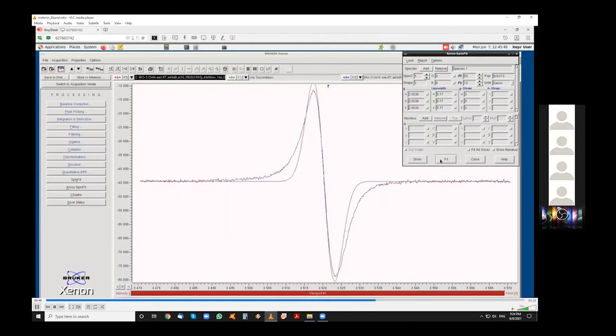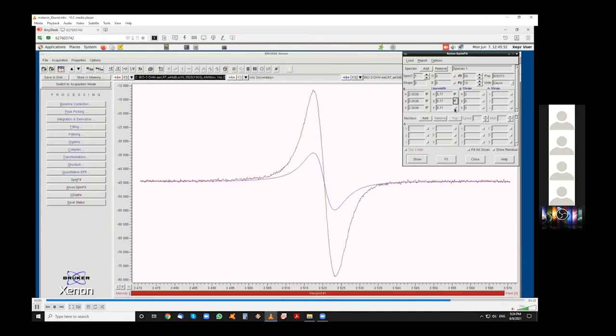And when we hit the fit button after we put in our values, we may observe that we have a good simulation, almost good. So we need to change the shape of the line first, and after that, we will optimize our parameters.